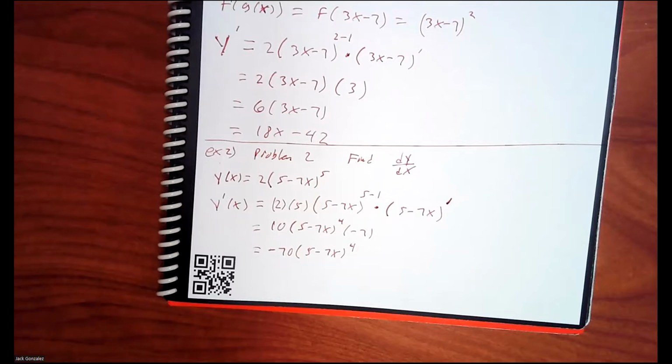So just so you're aware, power, quotient, product, all those rules are still in play while you're doing the chain rule. While you're doing the derivative of the outside or inside, you may have to do a quotient rule or a product rule. So you can see how this becomes more and more gross, right?